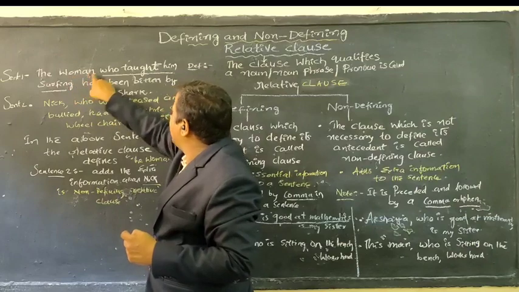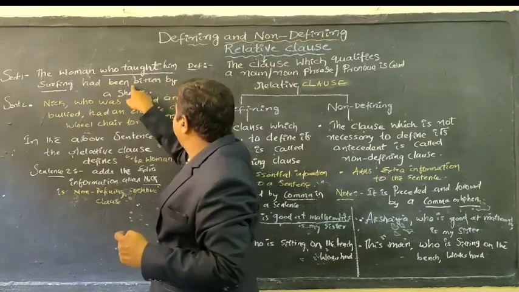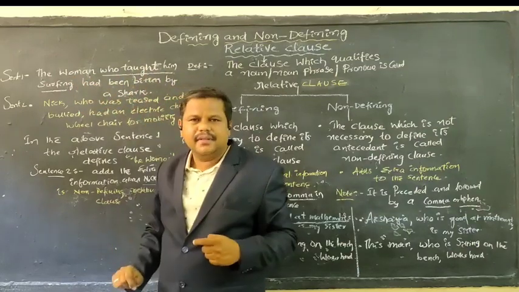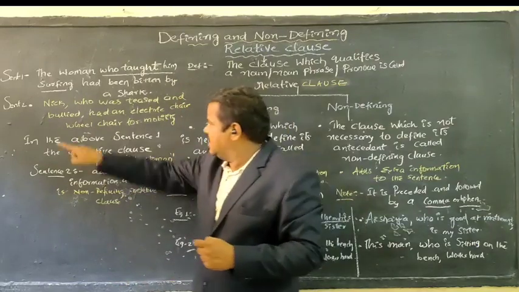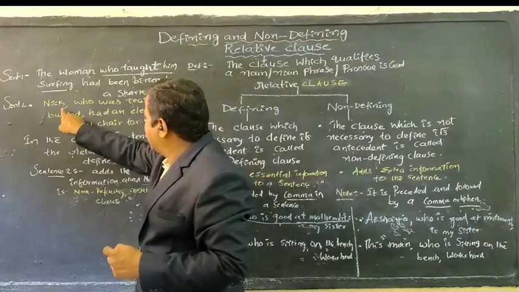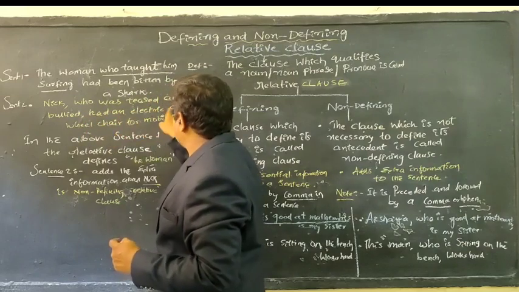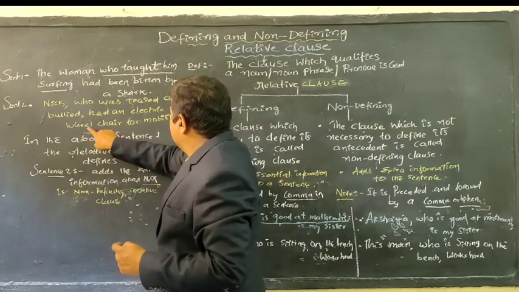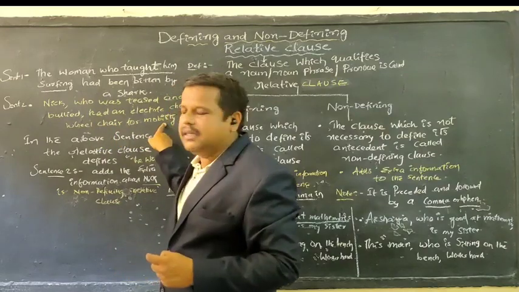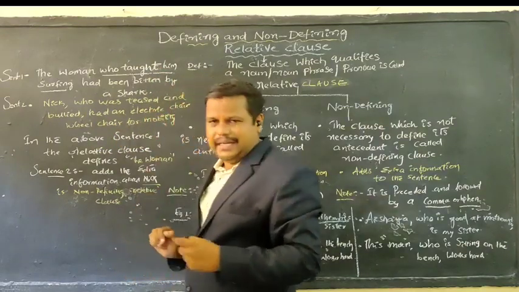Once again, the woman who taught him surfing had been bitten by a shark. This is sentence number 1. Second sentence: Nick, comma, who was teased and bullied, comma, had an electric wheelchair for mobility.